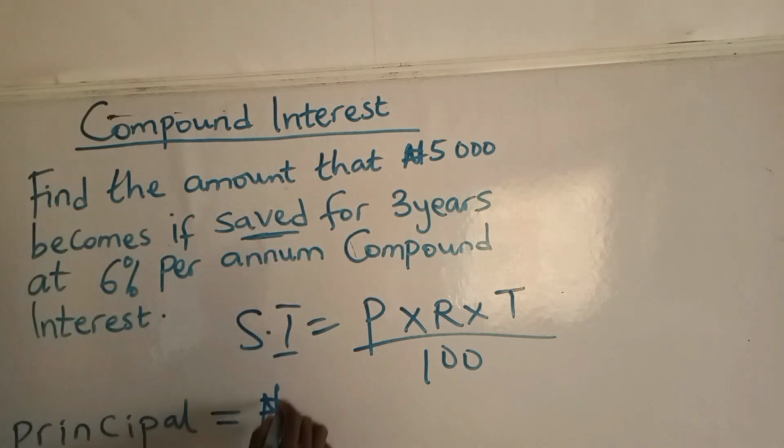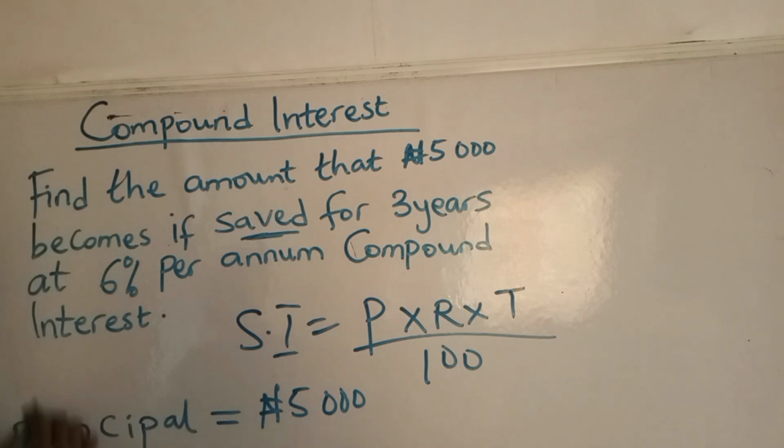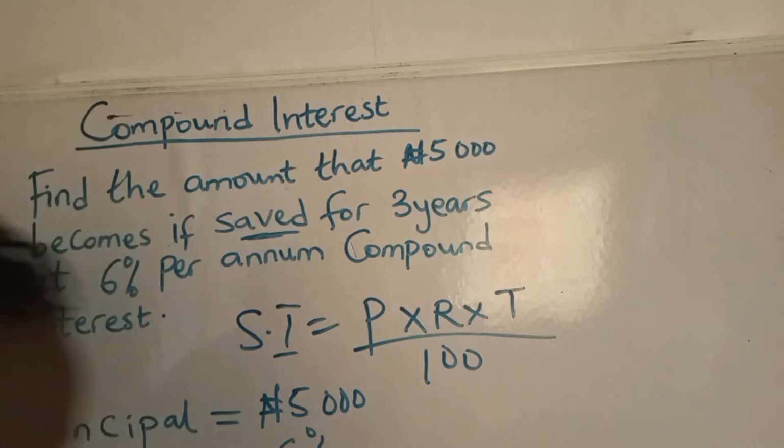That is the money you saved in the bank. Then at the rate of 6%, you save it for 3 years. So in the next 3 years, how much money will you collect from the bank?